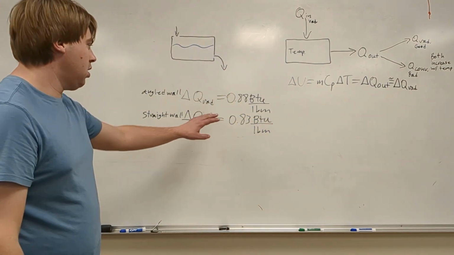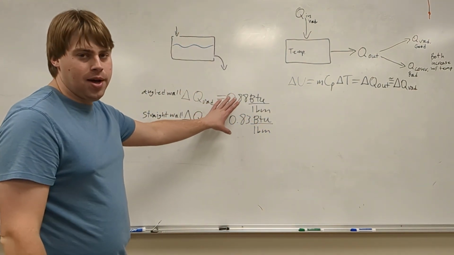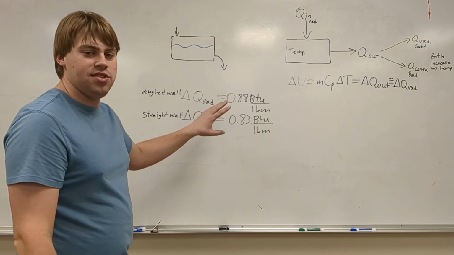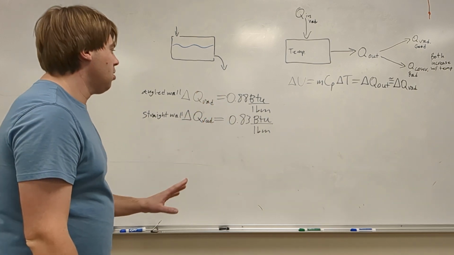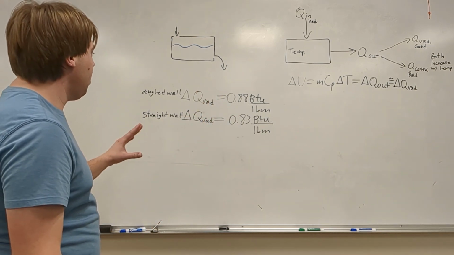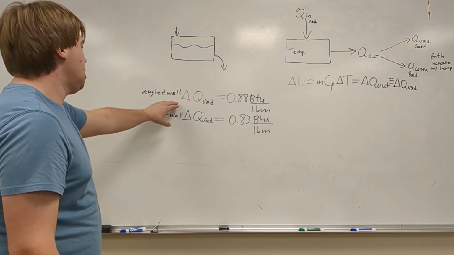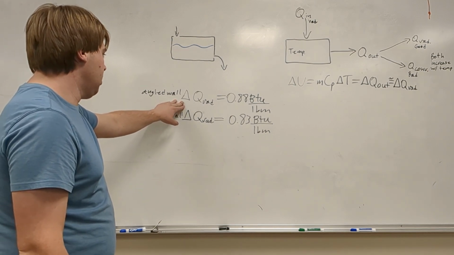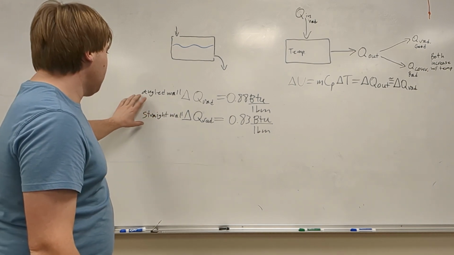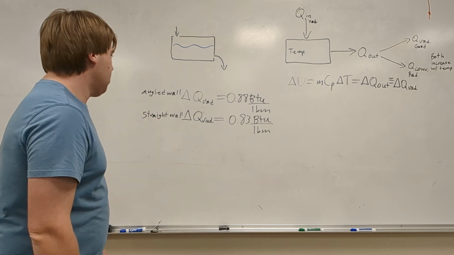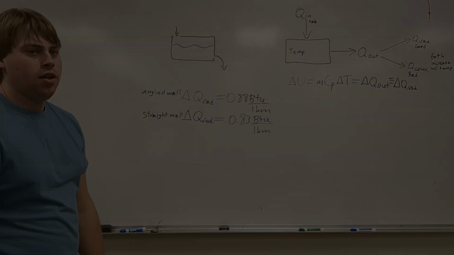We made sure to do it in per pound mass units because the mass is different between the two. We did get a slight improvement in change in overall radiation between the straight wall and the angled wall. It was slightly better for the angled wall.